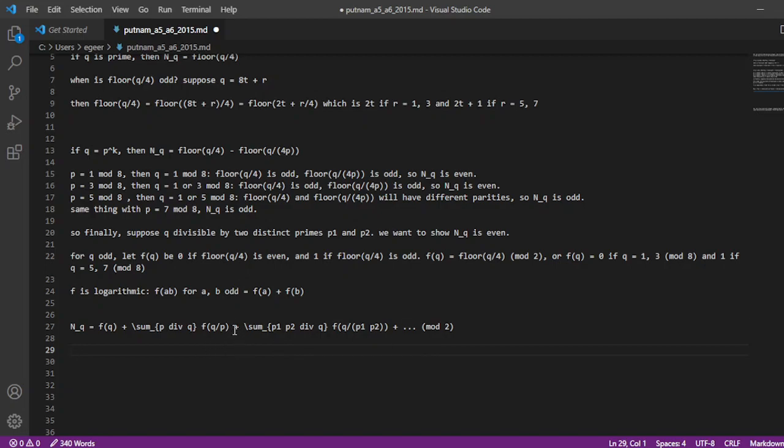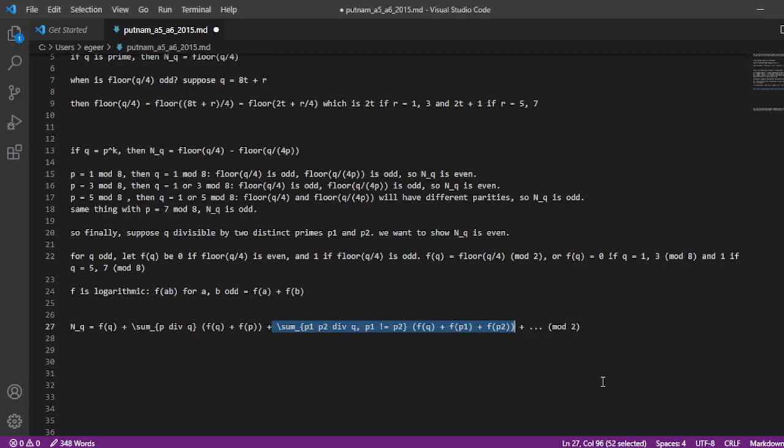Suppose we write this as F(Q) plus F(P), and then write this as F(Q) plus F(P1) plus F(P2), and so on, P1 not equal to P2, of course. So F(Q) is going to appear once here, and then it's going to appear the number of prime divisors of Q, and then the number of pairs of prime divisors. So F(Q) is going to appear once for every subset of the prime divisors of Q.